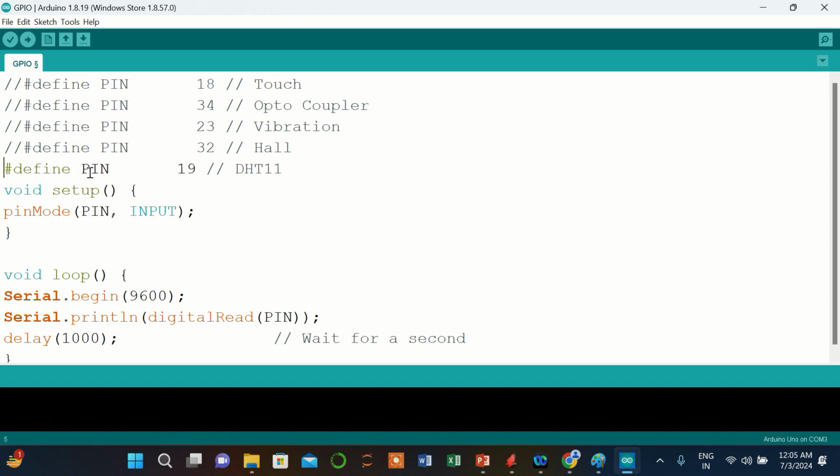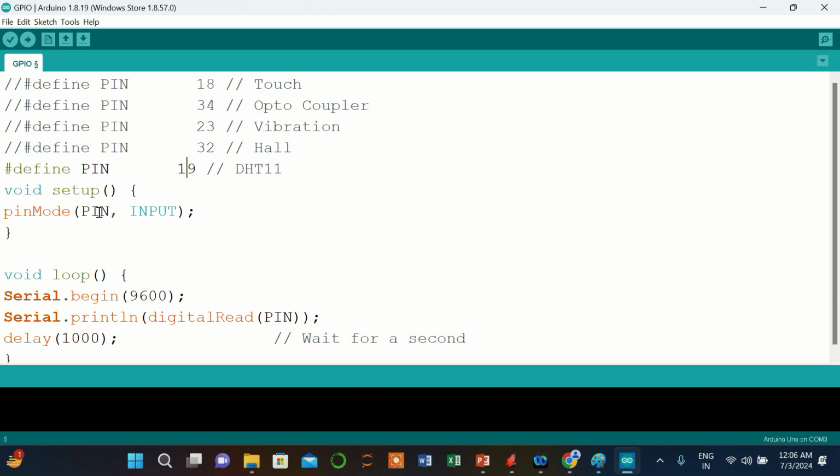But now let's use this 19th pin and configure it as an input mode. Now you see we have made this pin an input. That means the data will come from the outside world into the microcontroller. The pin we have mentioned is pin number 19.